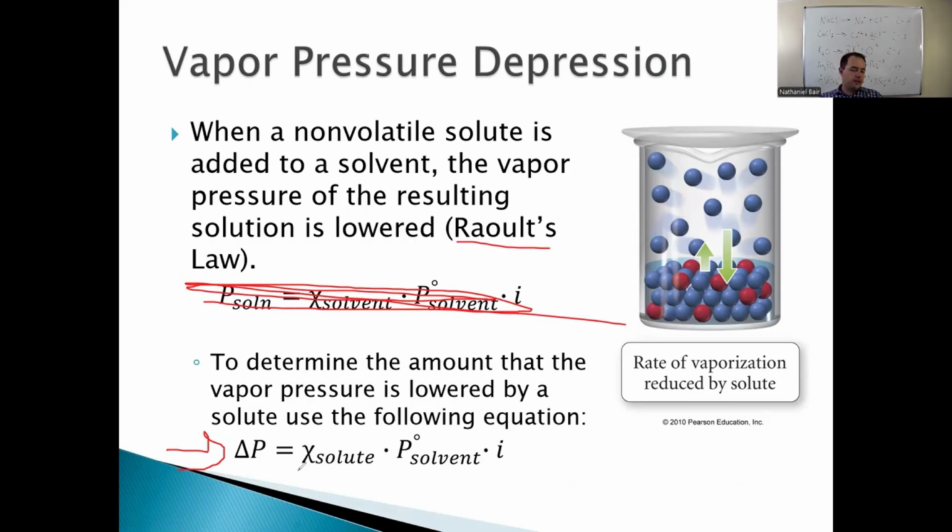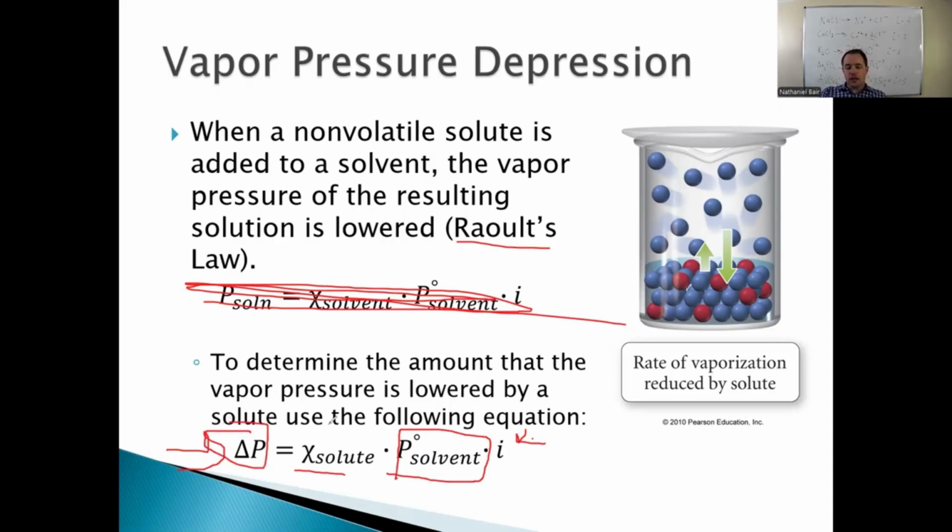And here's that mole fraction thing, which is why we just spent the first part of class going over different ways to do concentrations. It says the mole fraction of the solute times the pure vapor pressure of the solvent all by itself, times the van 't Hoff correction factor. That's how you're going to get the change in vapor pressure for a solution.